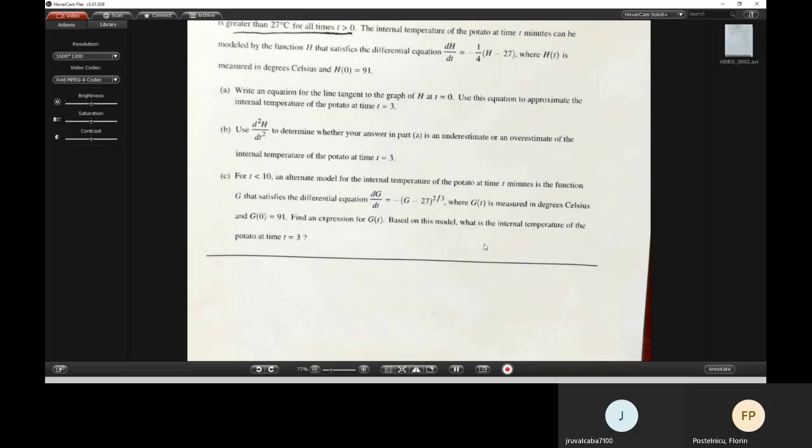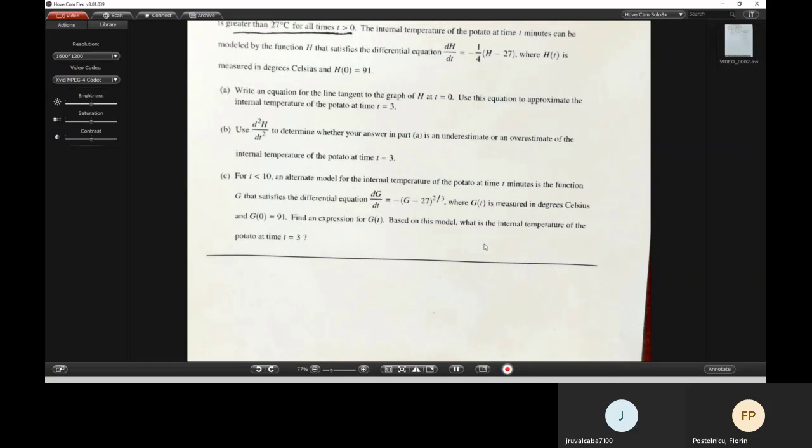The derivative of g with respect to time is negative, parentheses g minus 27 raised to 2/3. And g of t is measured in degrees Celsius, and g of 0 is 91. So it's identical, the initial condition with h we had earlier.